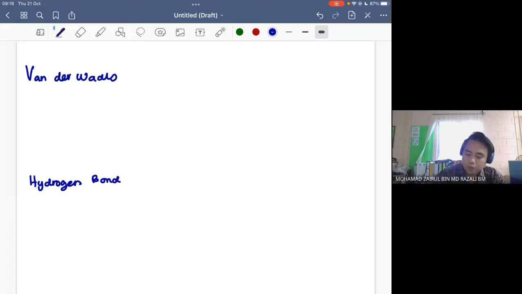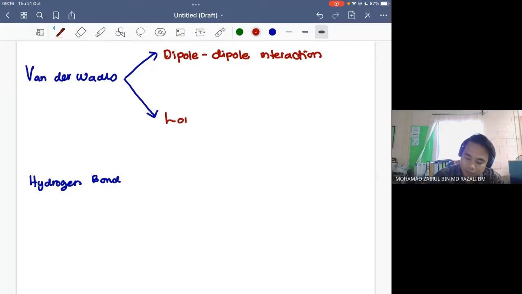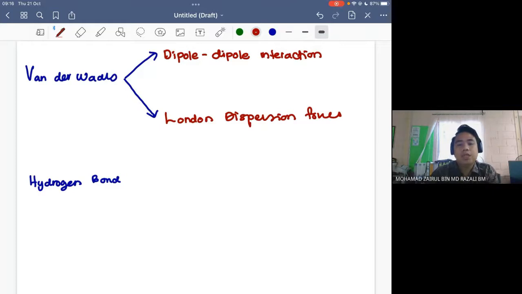Okay, the van der Waals forces we are further divided into 2 different type of forces. So we have dipole interaction, and then we have London dispersion forces. Okay, what is the difference between the dipole interaction and also the London dispersion forces?